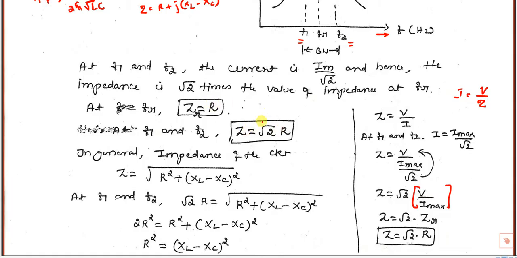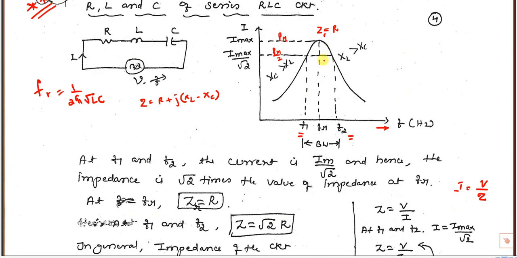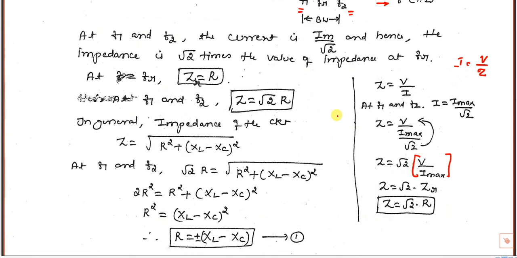So at resonance we have R, and at these two points, F1 and F2, Z is equal to root 2 times R. In both the cases, left side F1 and right side F2, Z is root 2 times R, and at the middle point Z is equal to R only.